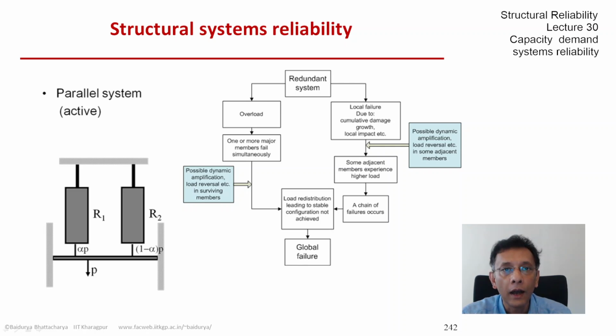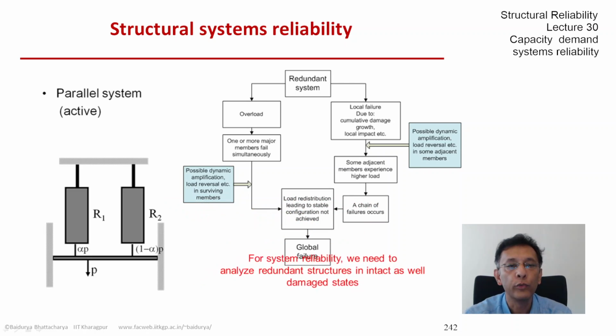So a series system does not have this complication or luxury, if I may use the word. Any member failure, any single logical element failure, means the entire system has failed. But a redundant system, which may be able to absorb partial damage and not fail, would undergo a more complicated set of events leading to global failure.